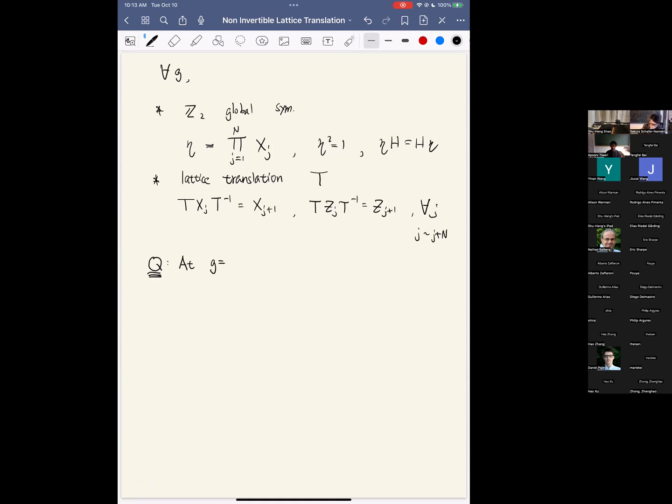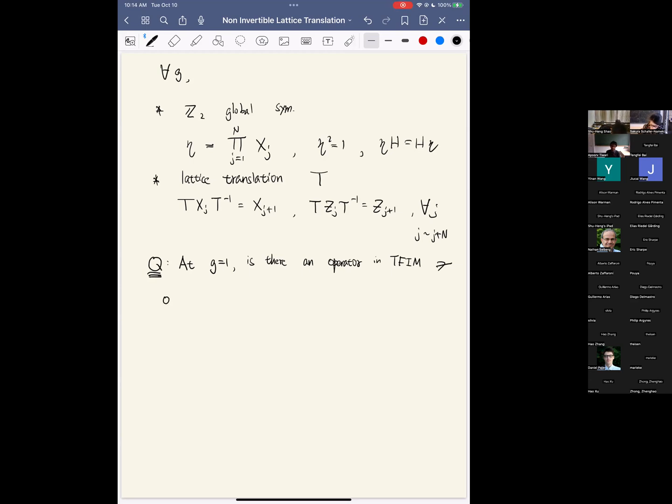We ask, at g equals 1, the critical point, is there an operator of the TFI, the transverse field Ising model, such that I'm going to write down a list of conditions that I want these operators to satisfy.